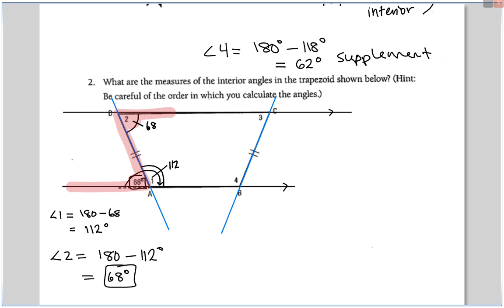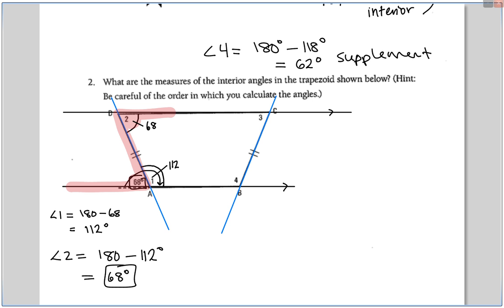We see that's 180. Now what we can also do is take a look at angles 1 and 4. So how are angles 1 and 4 related? Just trying to think parallel lines. There isn't much of a relationship there that I'm seeing immediately.